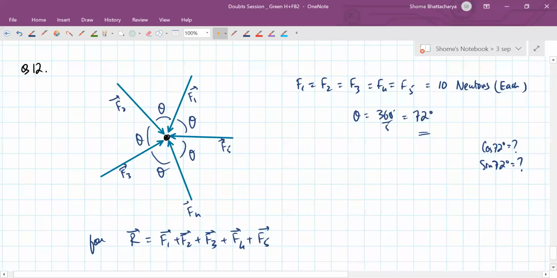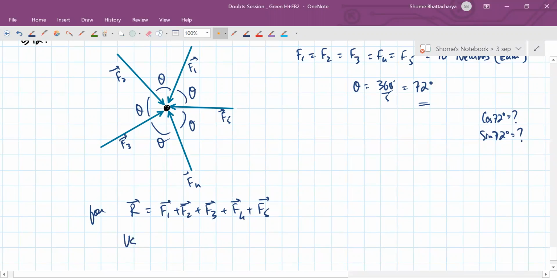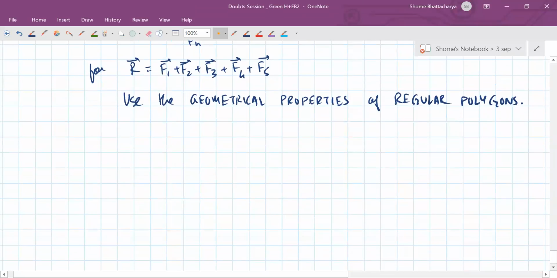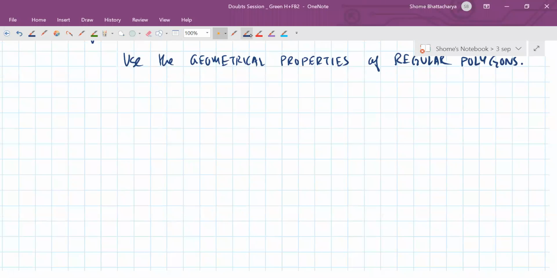We will use the geometrical properties of regular polygons. So let's discuss a little bit about the geometry of regular polygons, then we'll come back to this particular question.